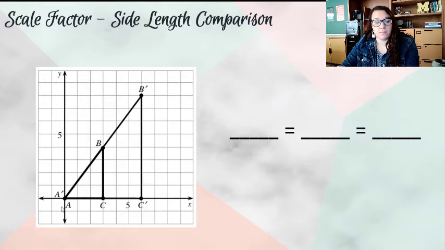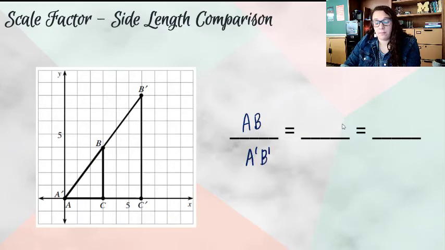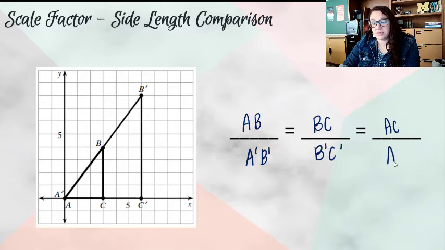Let's try another one. Let's see if we can set up a proportion. So if we match up sides, side AB goes with side A prime, B prime. Side BC goes with side B prime, C prime. And side AC goes with side A prime, C prime. So if you notice, I'm going to write the fractions right below it.